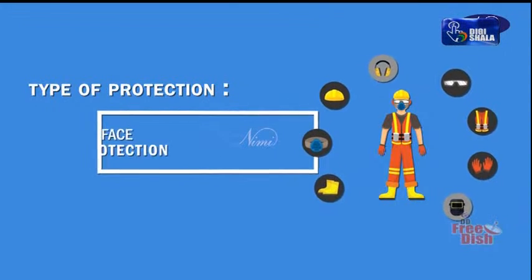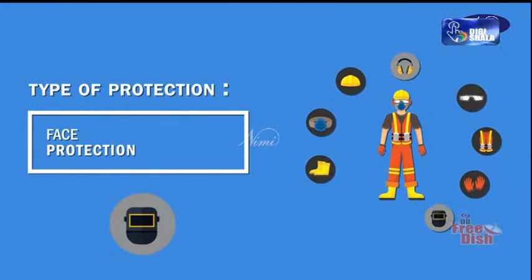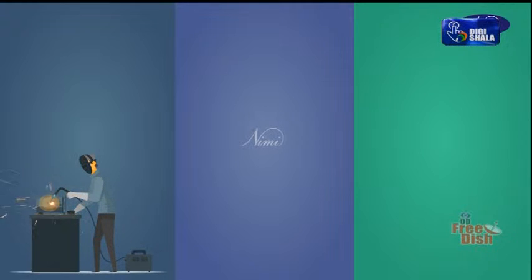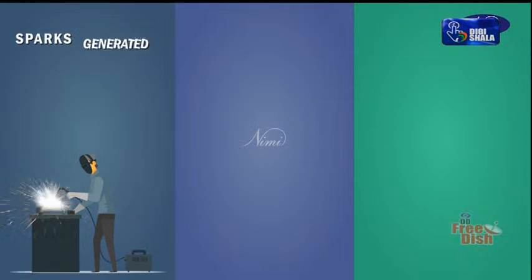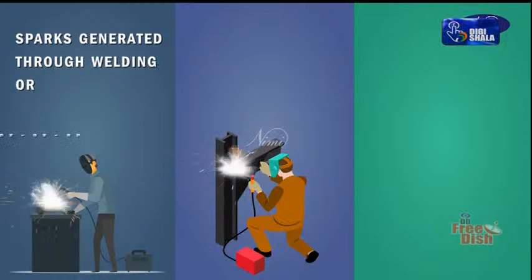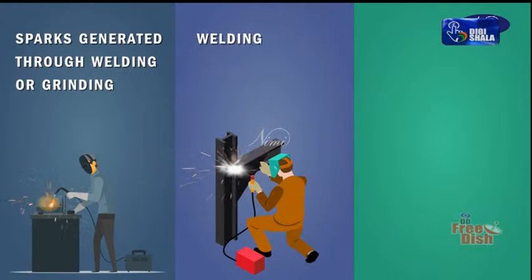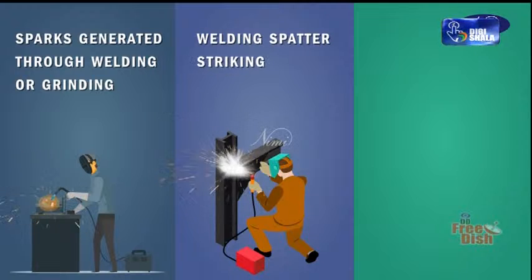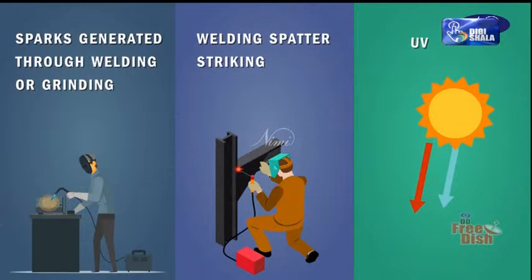Next type of protection is face protection. The hazards are sparks generated during welding or grinding, or welding spatter strikes, or UV rays.